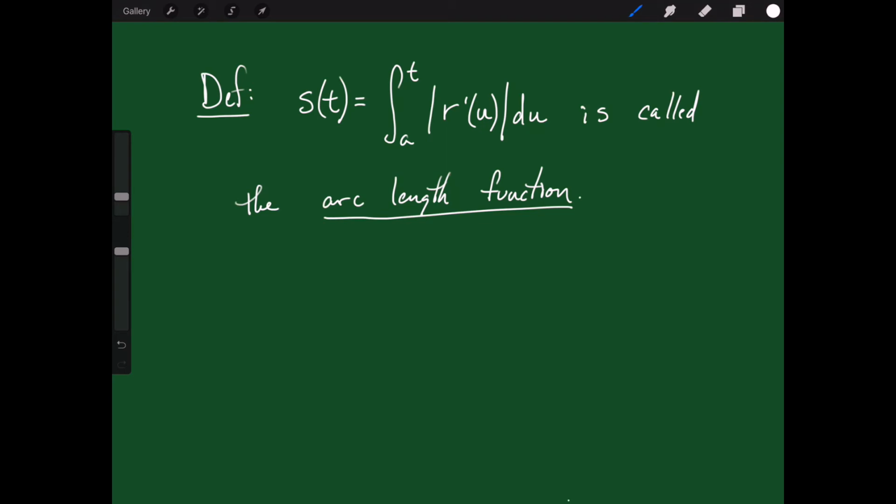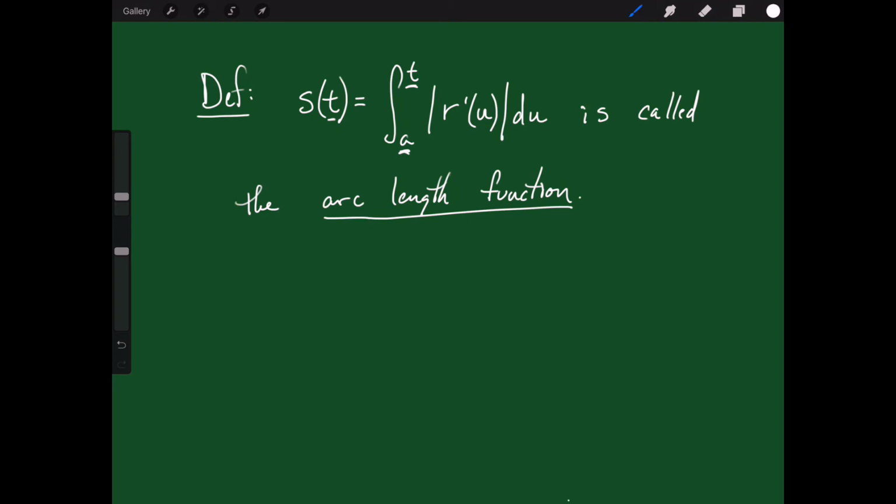Okay, so what's different between this and what we've been doing already? Not a lot, but there is one major thing, and that is that instead of integrating from a to b, I'm integrating from a to t, where t itself is a variable. So I could plug in different values for t in this function and get different arc lengths.